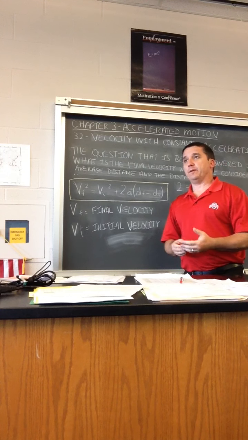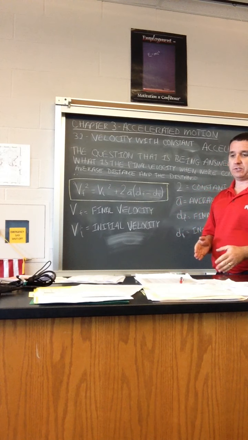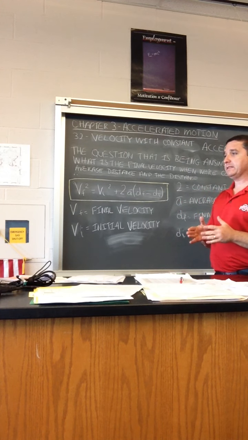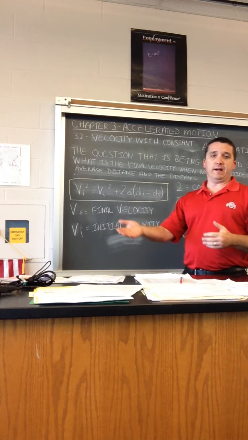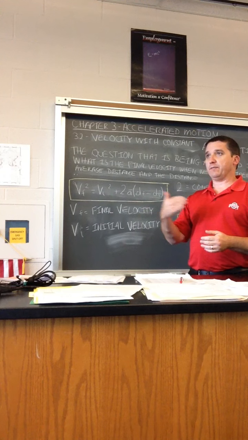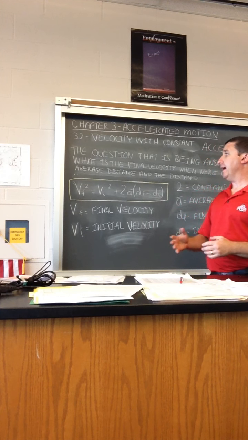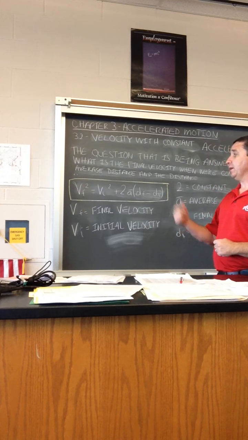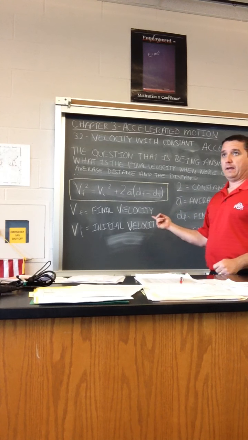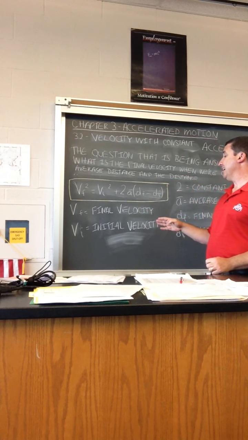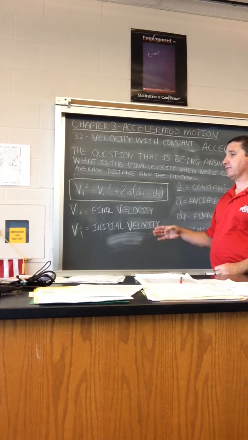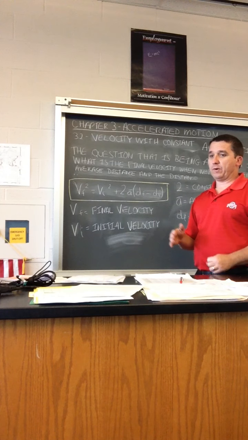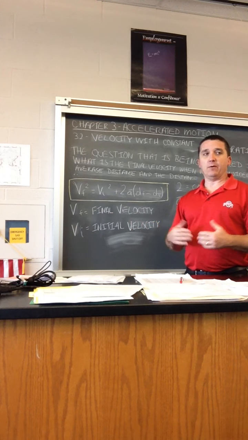In the previous formula, where we looked at position with average acceleration, we looked at, okay, during acceleration, how far did the car travel? Or during deceleration, how far did the car travel? Now we're looking at this idea where we know the distance, and what we're trying to figure out is what is the final velocity after we travel a specified distance that we already know.